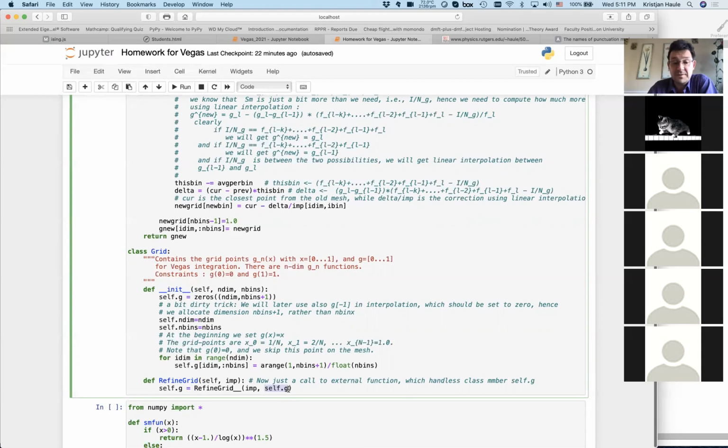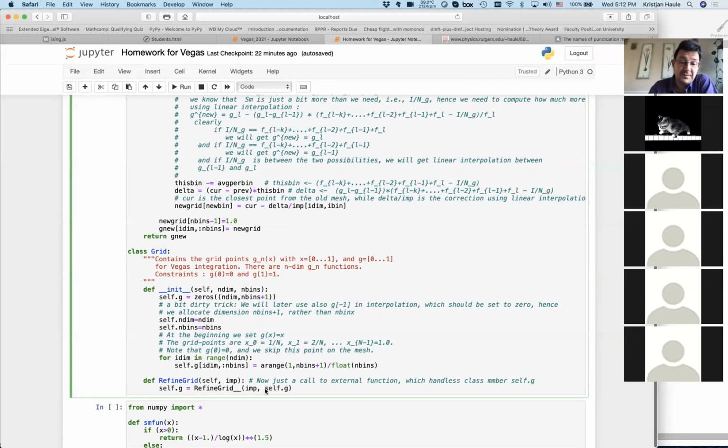However, if this argument, such as self G here, is an array, a NumPy array, or any list, then it's actually called by reference for efficiency. I think we discussed this when we were learning about Python.